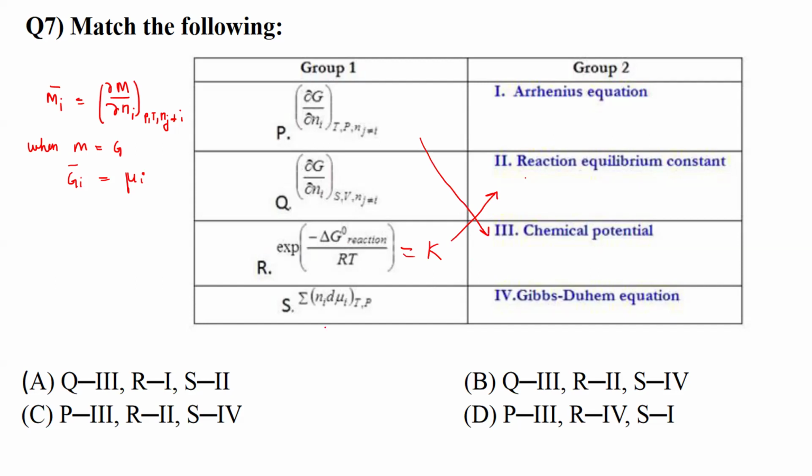And the sum of Ni d mu i equal to 0 is the Gibbs-Duhem equation. The one more option here is the Arrhenius equation, which is K is equal to A e power minus E by RT. That is the Arrhenius equation, so this is not matching. So we have P3, R2, and S4 here.